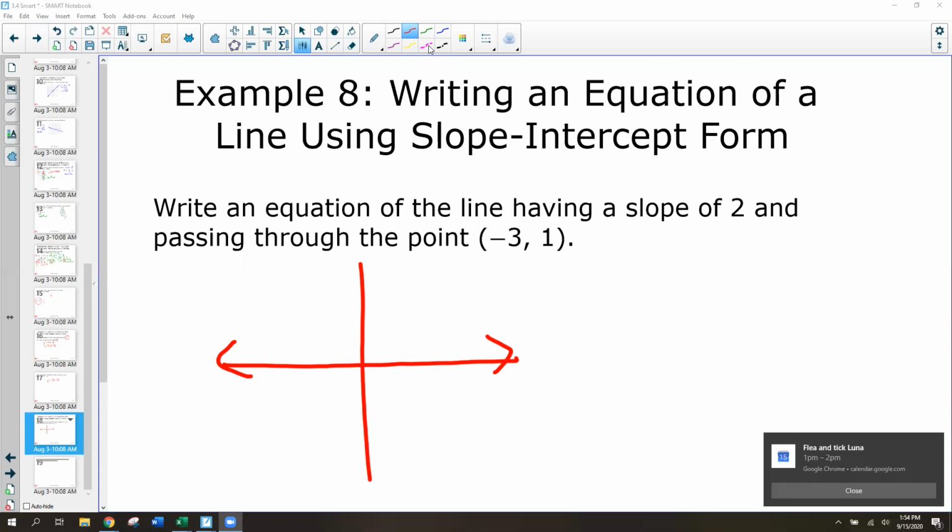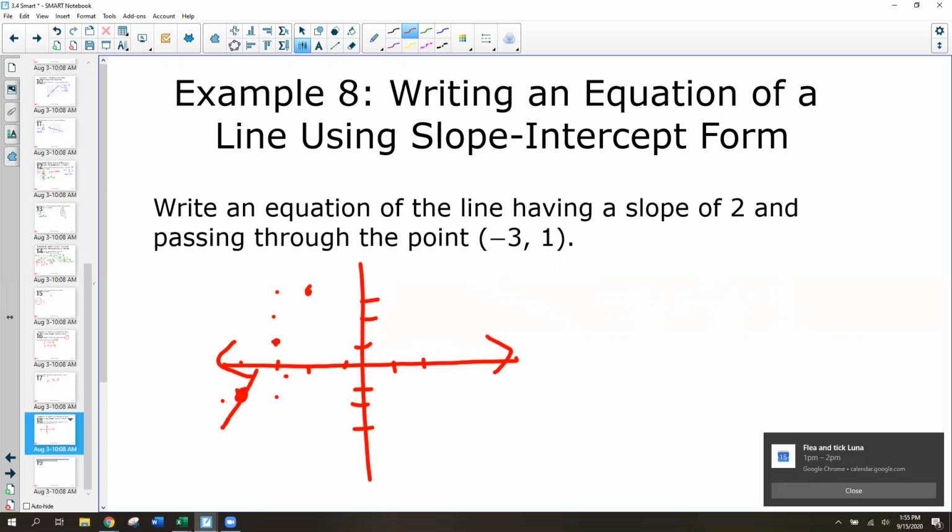So if it has a slope of 2 and it goes through (-3, 1), I'm going to put (-3, 1) on my graph, 3 left, up 1. And then I'm going to go up 2 over 1, or down 2 over 1.